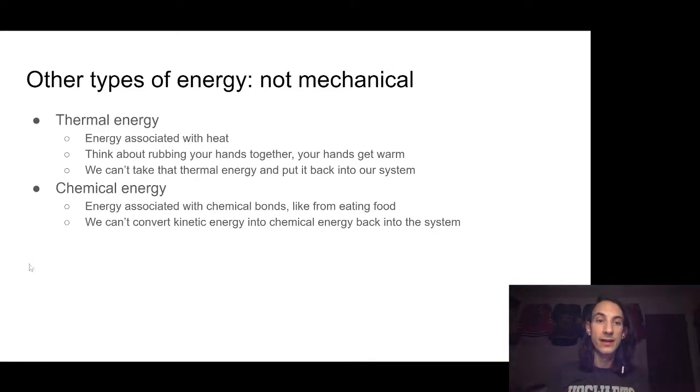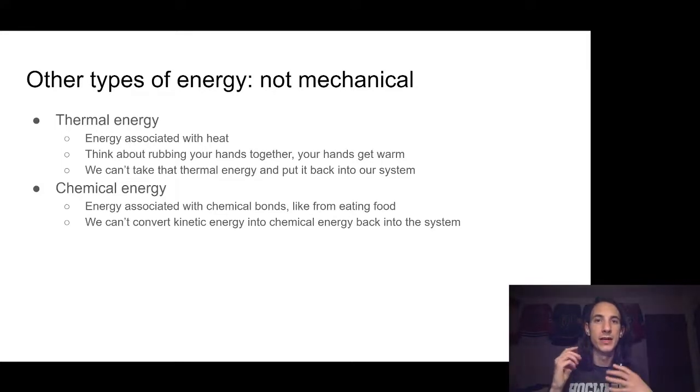Same with chemical energy. There's energy associated with chemical bonds. We don't really use it too much in physics, but sometimes we use it as a cop-out. Like if a person does something, we say, oh, the person had chemical energy stored in their body, and they used that to lift up the pen or something like that. And again, we can't turn it back. We can't take kinetic energy and turn it back into chemical energy in your body.